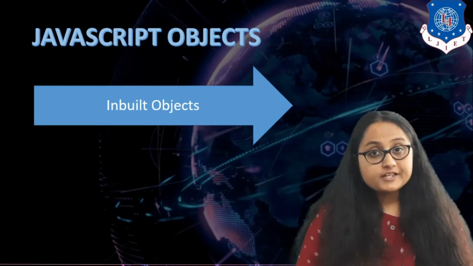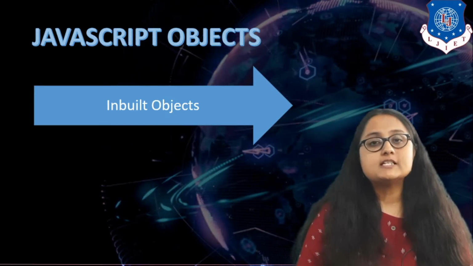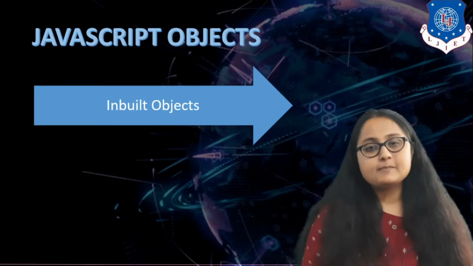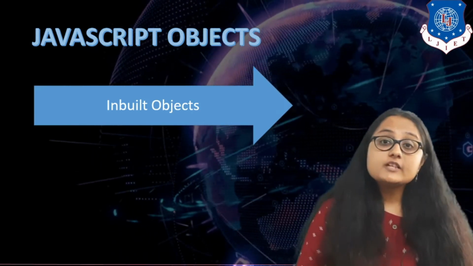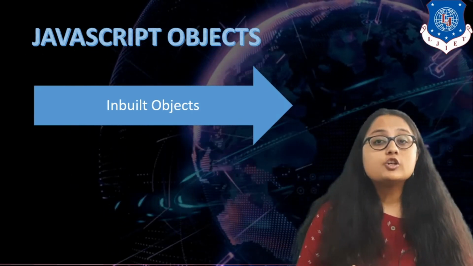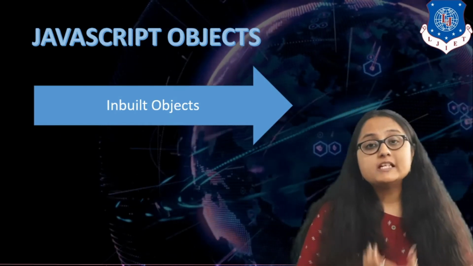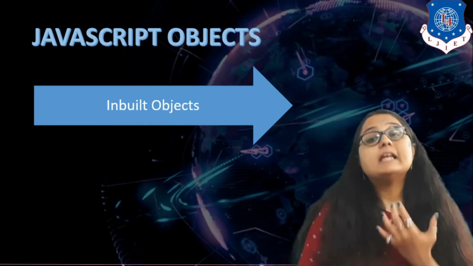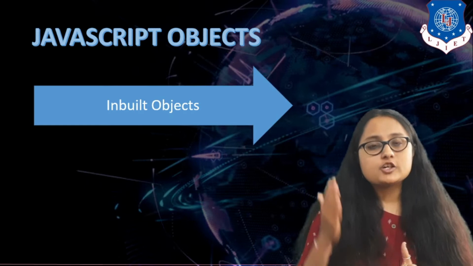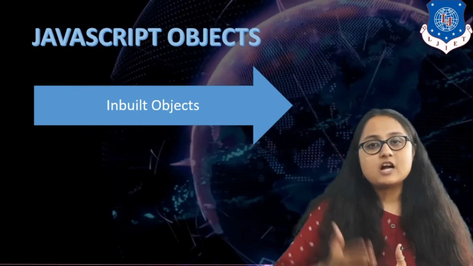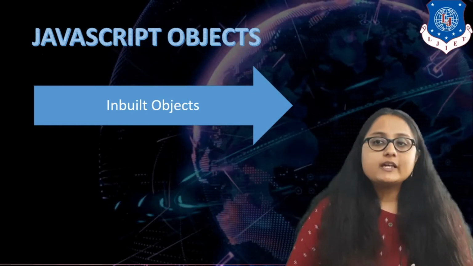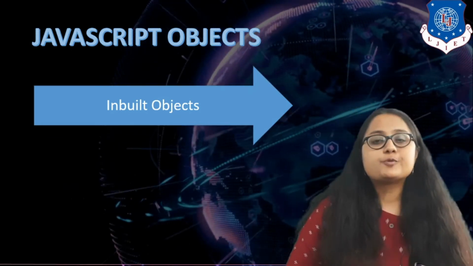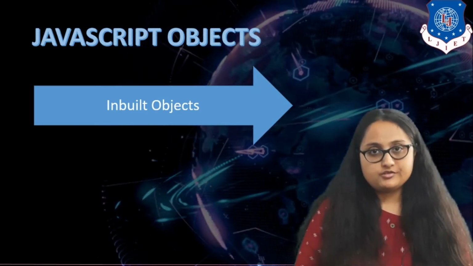The String object also has some methods, for example concatenation or slicing, etc., right? Also there is the Date object. If you want to manipulate date and time, then you can use the Date object, right? So these are all the JavaScript inbuilt objects from which you can directly access the properties and methods.